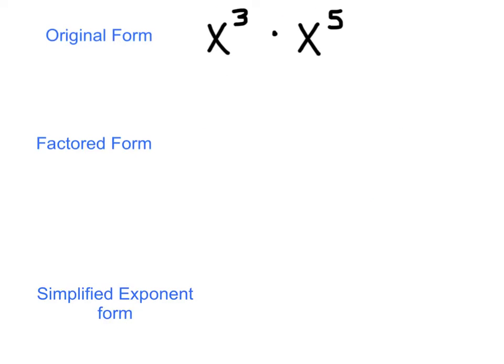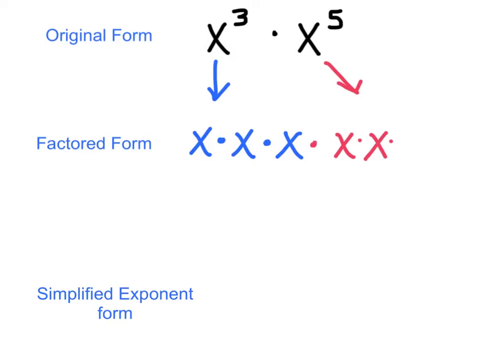All right, now this one looks a little bit different. So I have x to the 3rd times x to the 5th. So let's kind of factor that out. x to the 3rd, that's the same as taking x times x, that would be x squared, times another x. So this would give me x cubed, that's the same as x times x times x. Okay, x to the 5th, if I do that one, so it says times, is x times x times x times x times x, 5 of those.